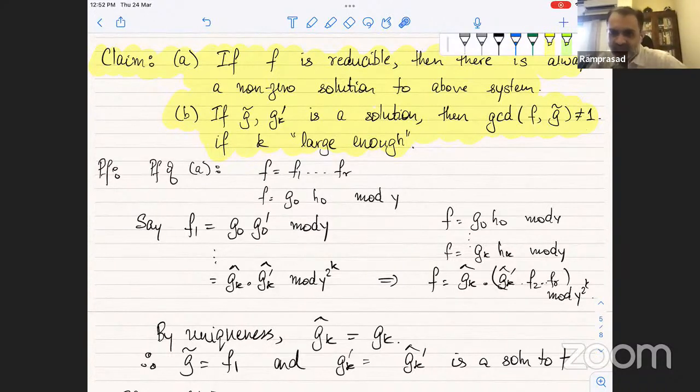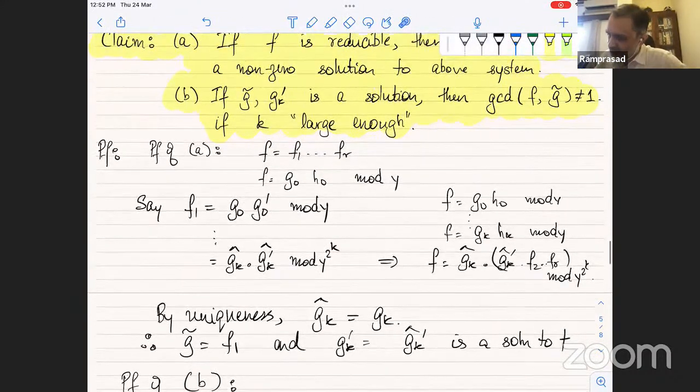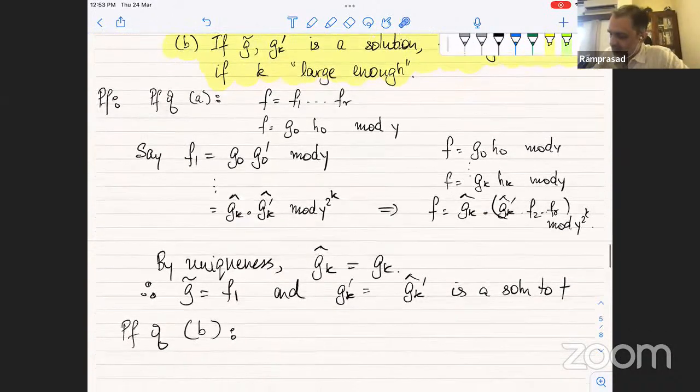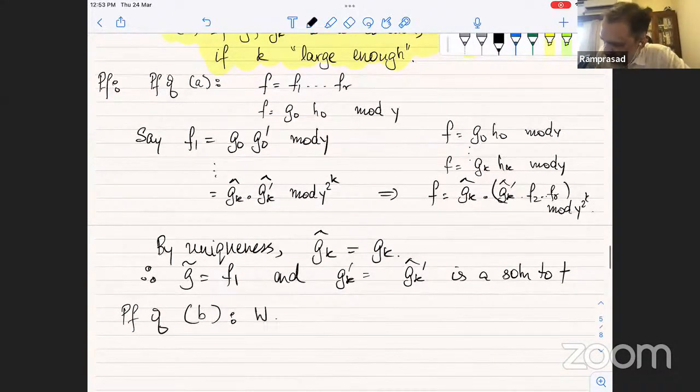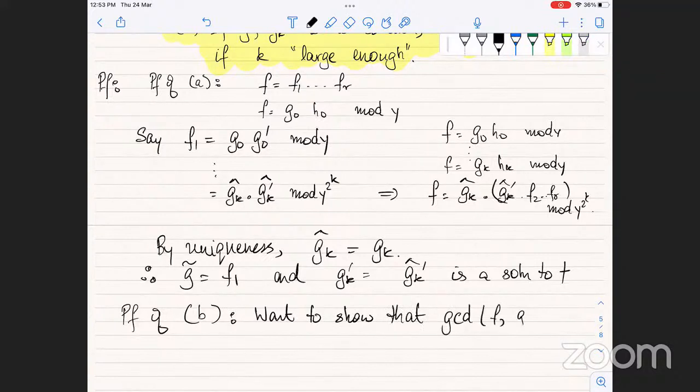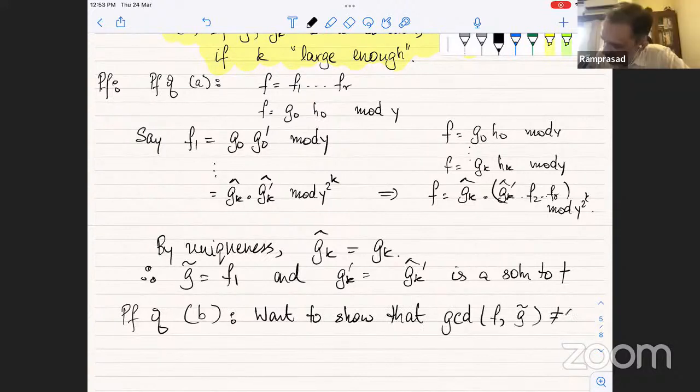Okay, good. Now comes the second part, which is I want to somehow show that maybe you found some different solution G tilde. We want to somehow argue that any solution G tilde that you find actually has a non-trivial factor in common with F. So we want to show that the GCD of F and G tilde is not equal to 1.